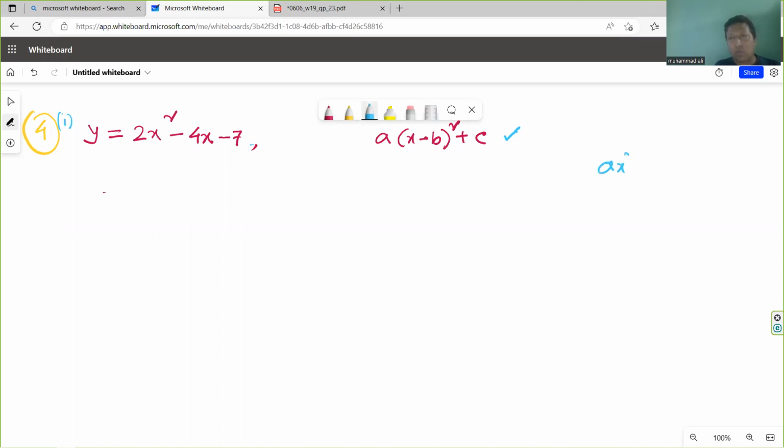Like ax² ± bx + c. At first we take a common, so it will be a(x² ± (b/a)x) + c.